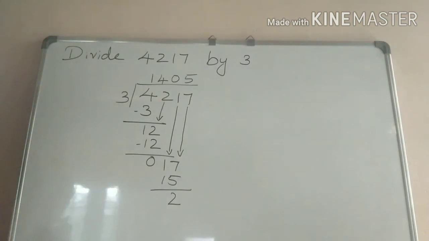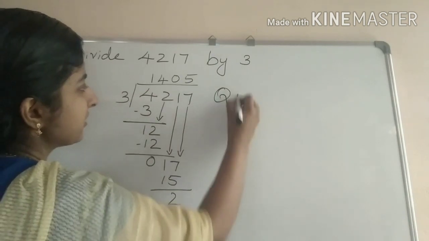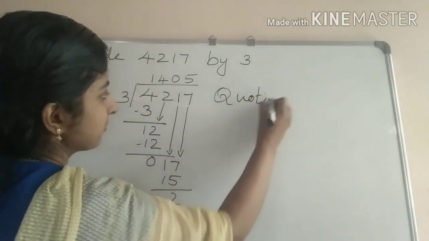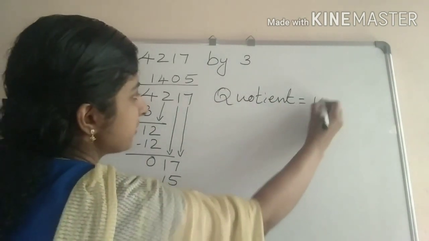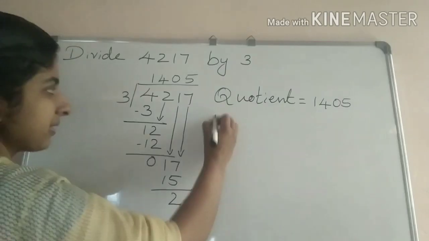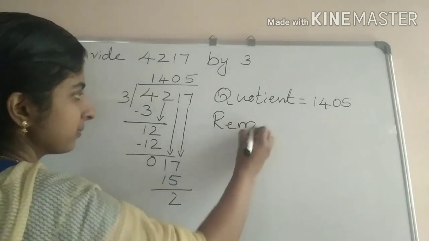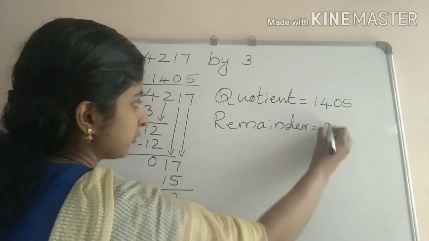Here the quotient is 1405 and a remainder is 2.